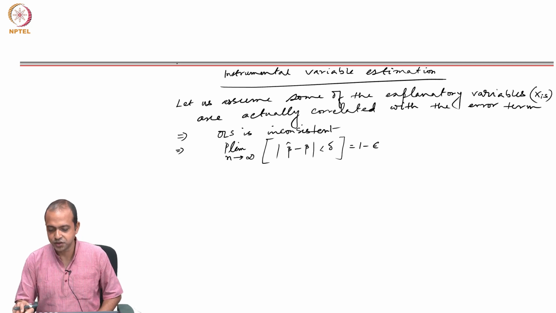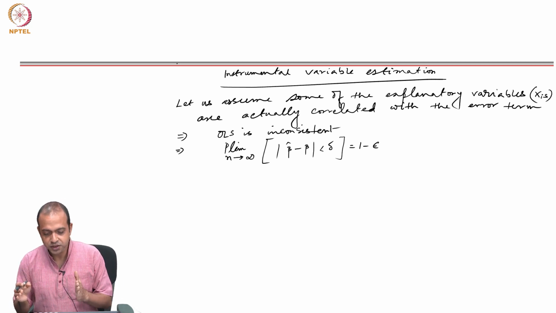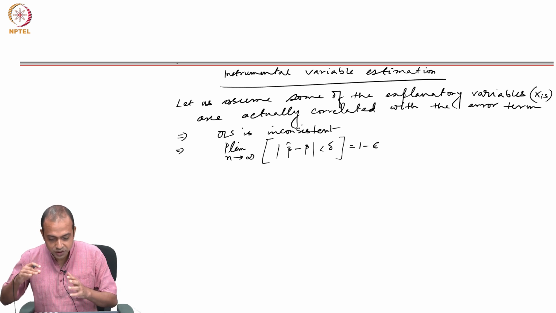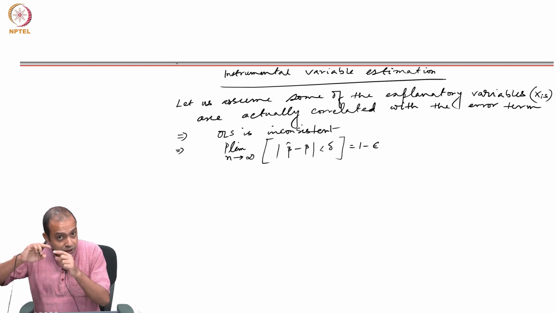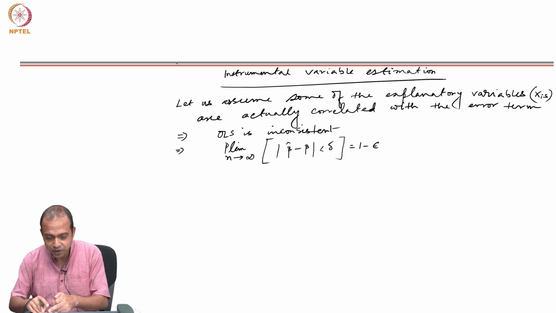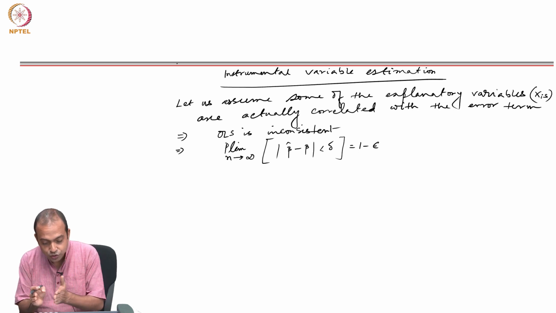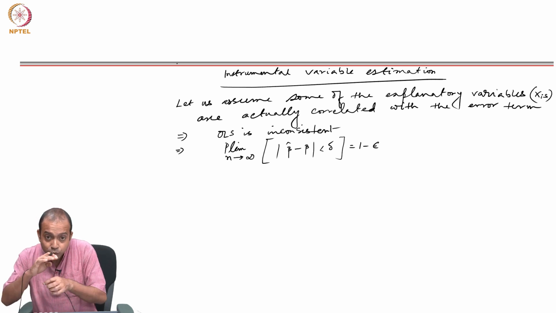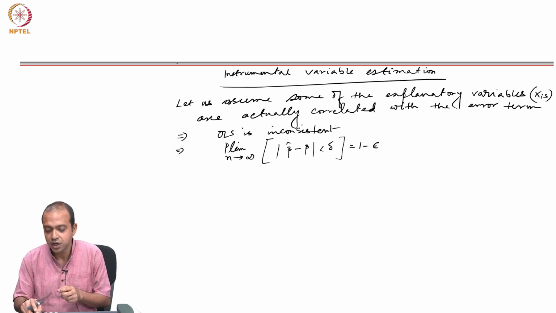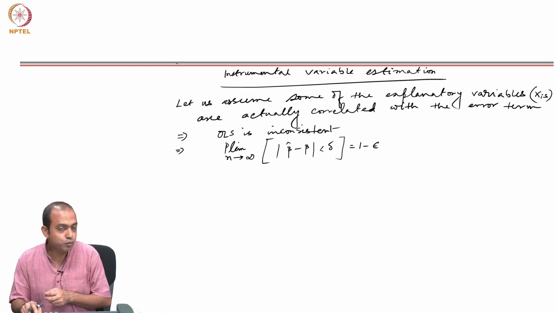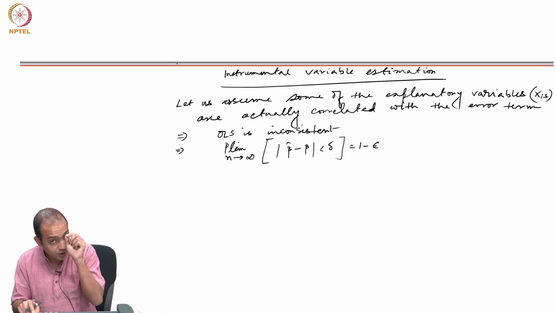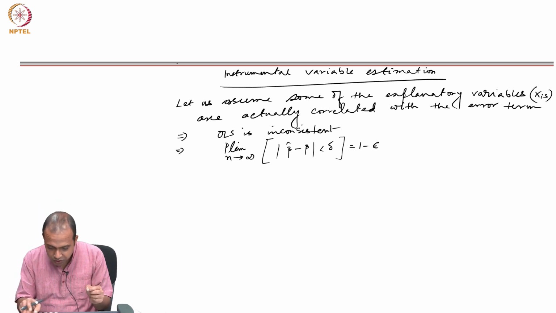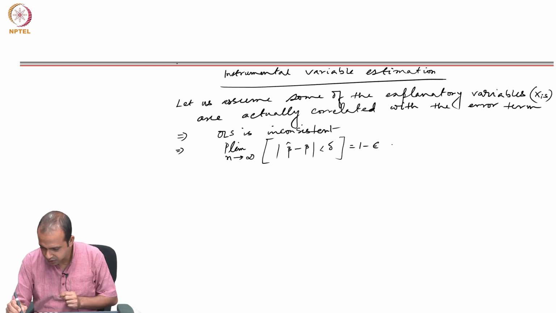This is the consistency condition. So as n tends to infinity in a large sample, my beta hat will converge to beta. The difference between beta hat and the true population parameter will be very small, and the probability of getting such a beta is almost 1, because epsilon is also a very small quantity. This is the consistency property of OLS.